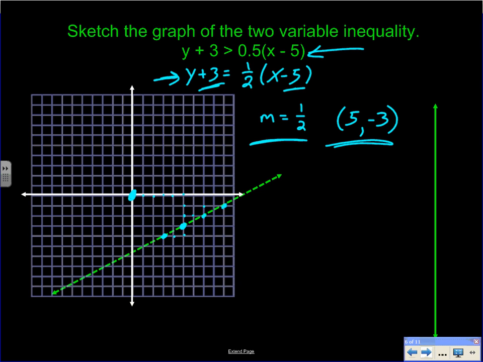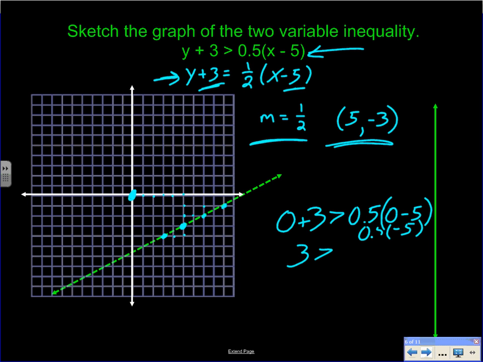So let's go ahead and plug that into the original inequality up here. We're going to plug 0, 0 in there. Y is 0. X is 0. And 0 plus 3 is 3. 0 minus 5 is -5. And so 0.5 times -5 will give us -2.5.